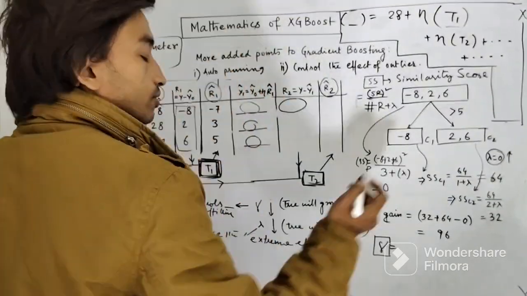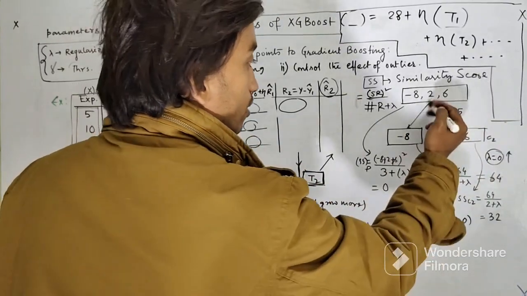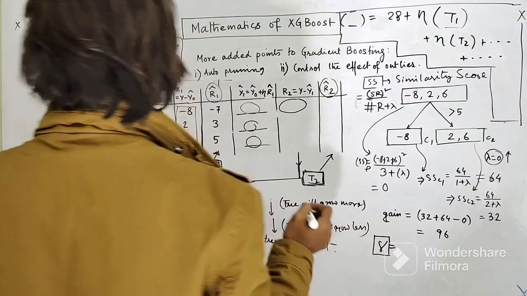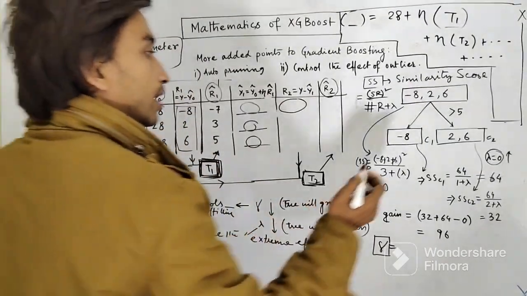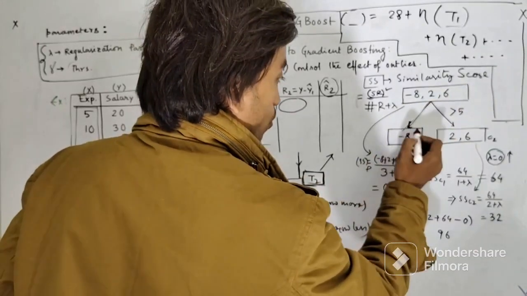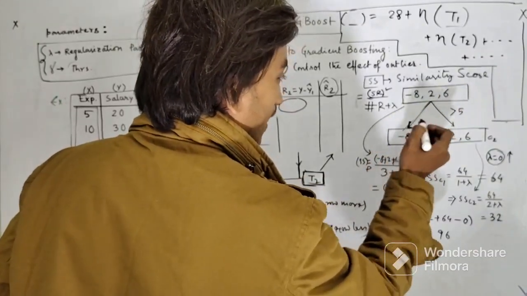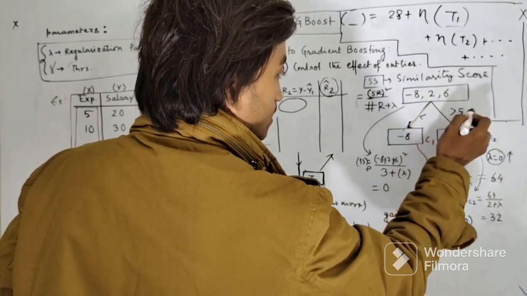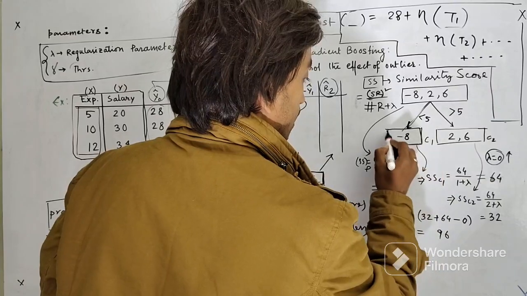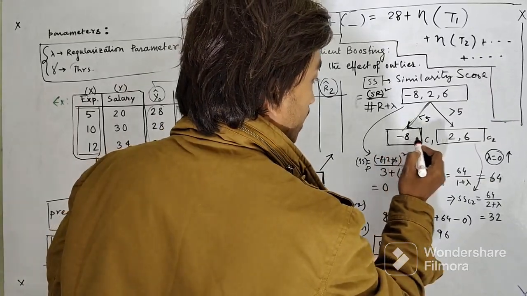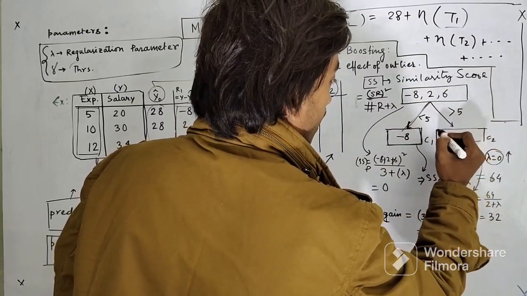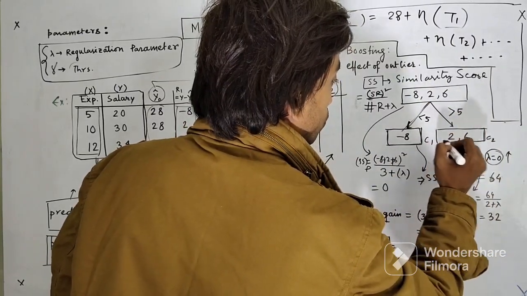Suppose we bifurcate from the parent node in such a way that experience is less than 5 or greater than 5. On the left side we get -8, and on the greater-than-5 side we get 2 and 6.